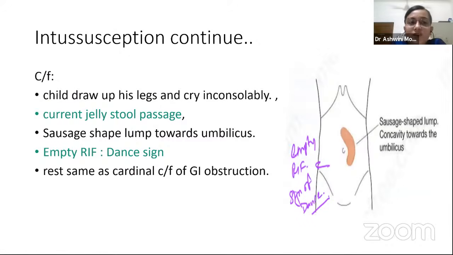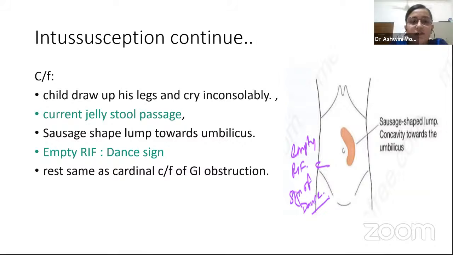What are the clinical features of intussusception? If a patient is coming with intussusception, how will we be able to differentiate it from other causes? In intussusception, the child draws up his legs while crying. He'll cry inconsolably and draw his legs up, right? And currant jelly stool will be present, as I said before, as the pathophysiology itself suggests.